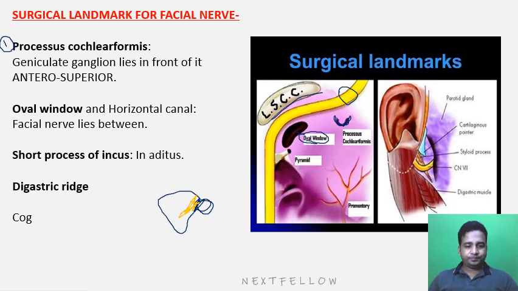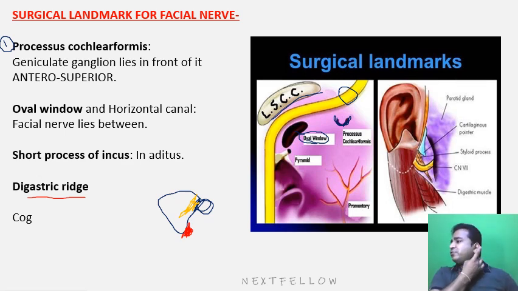The fourth landmark is the digastric ridge. I already told you that at the mastoid tip, over the medial side, the digastric muscles are attached to the mastoid bone. So this forms a ridge. The facial nerve is always medial to this digastric ridge. Whenever we are doing a superficial parotidectomy, this digastric ridge will again serve as a landmark.